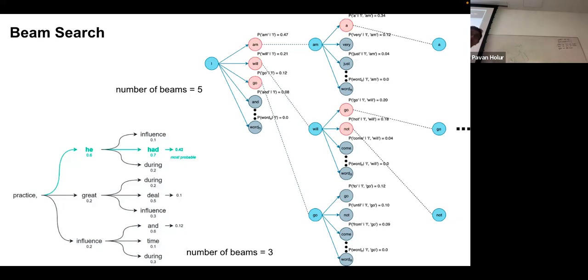I don't trust it. He is 0.6, great is 0.2, influence is 0.2. All of these tokens have their probabilities. I won't trust it. Okay, you say it's 0.6, you know what? I'll give you 0.4. And I'll give great and influence 0.3, 0.3.